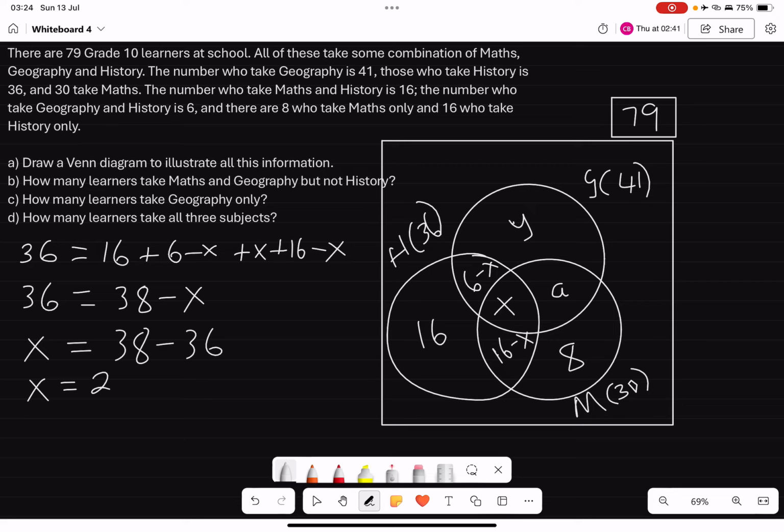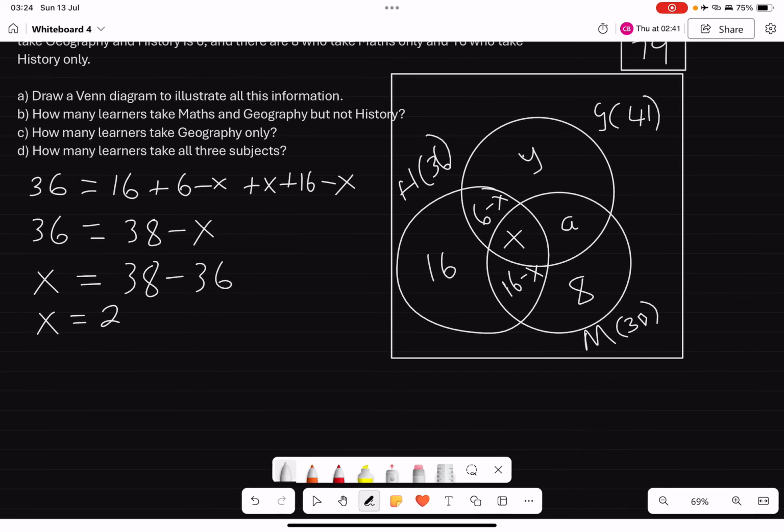Now we can take the circle of either G or M. It doesn't matter. I'm going to start with M. For M we have 30 equals, and you can agree with me that here we now have 2, here we now have 14, because 16 minus 2 is 14, and here we have 4, because 6 minus 2 is 4.